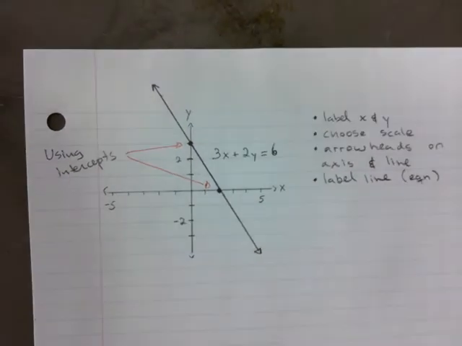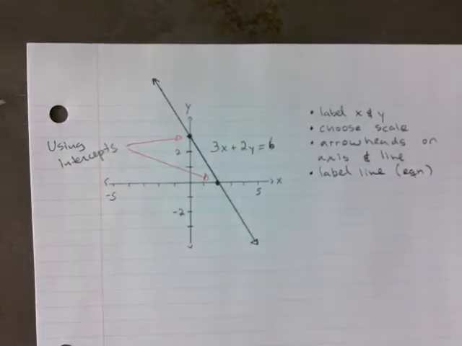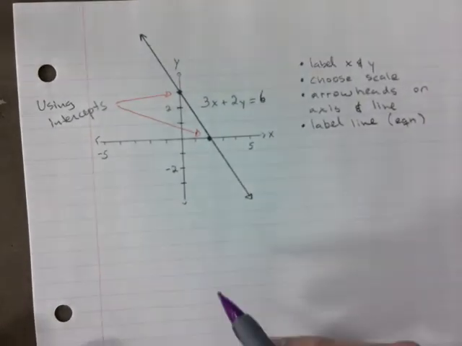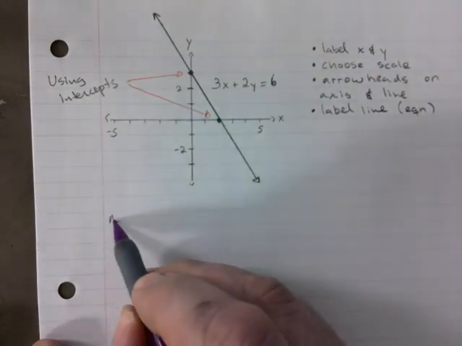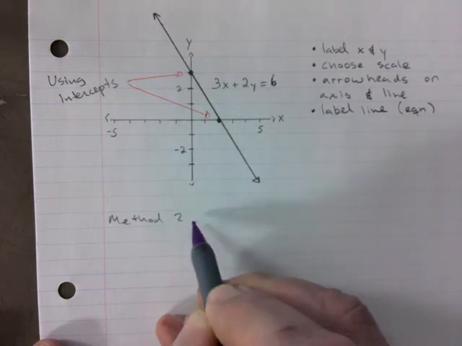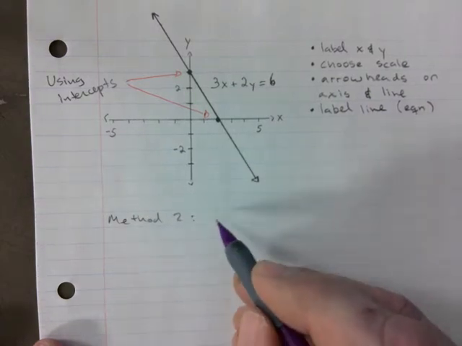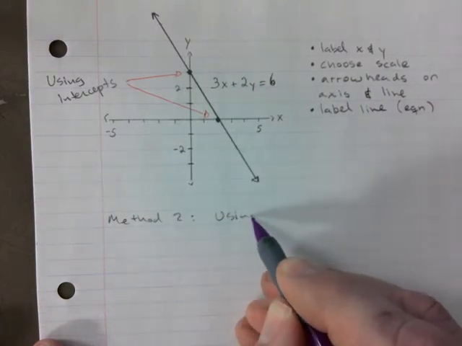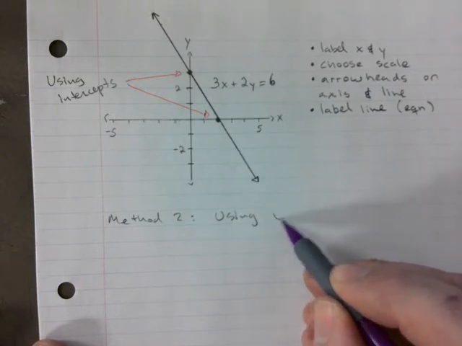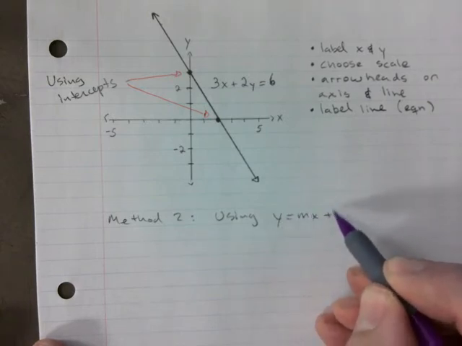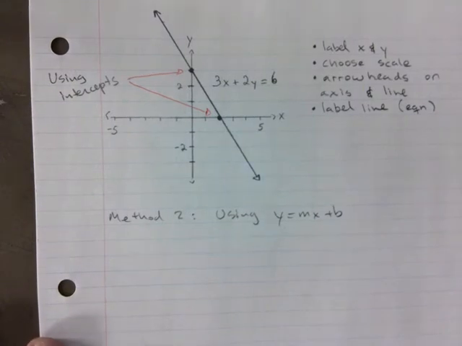Okay, so I'm going to zoom out a bit. And right under, so this is method 1. Method 2, using y is equal to mx plus b. I will tell you the steps here.